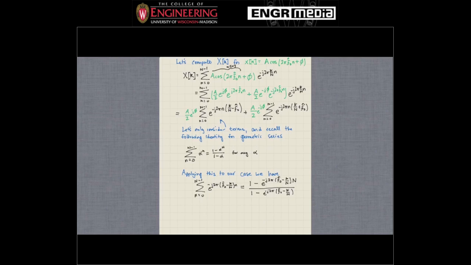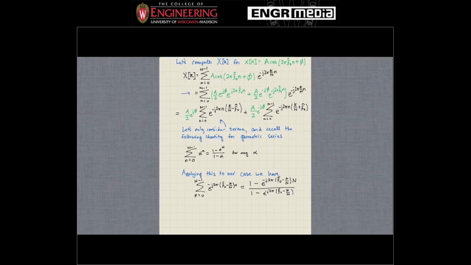And I've already inserted for x of n that discrete time sinusoidal signal. Then the first step, I'm going to break everything apart using Euler's inverse identity for cosine, and that's how I get this second line.